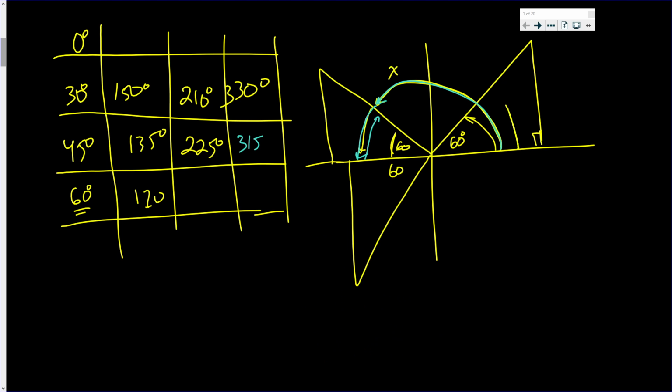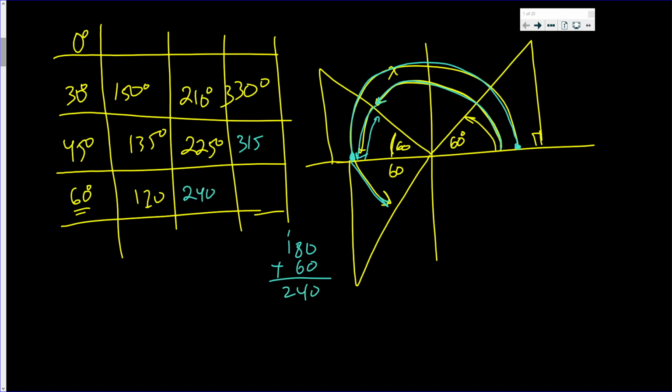So my goal is to know how big is that angle. Well, I know if I start here, up to right here is 180 plus 60 more. I can handle that. And you get 240 degrees.